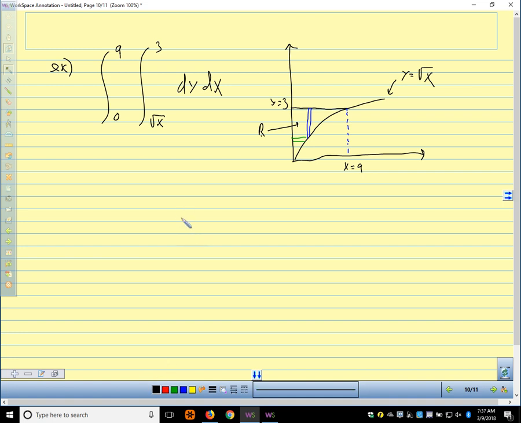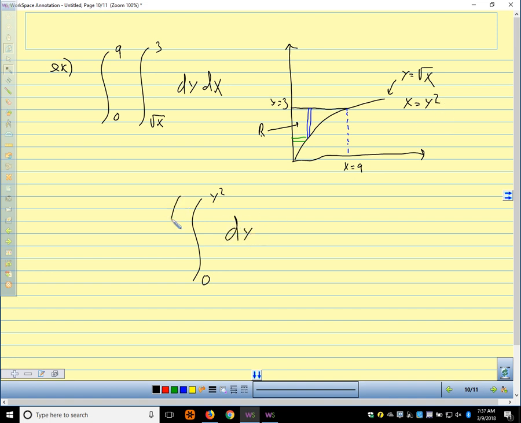So our inner integral is going to be x equals 0 to this function, y squared. This is x equals y squared. And that's going to be dy.